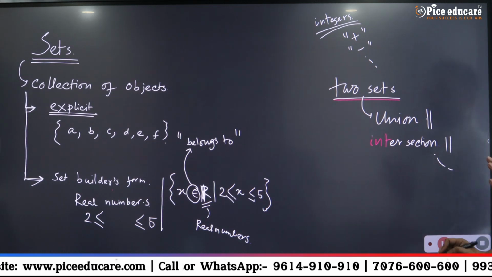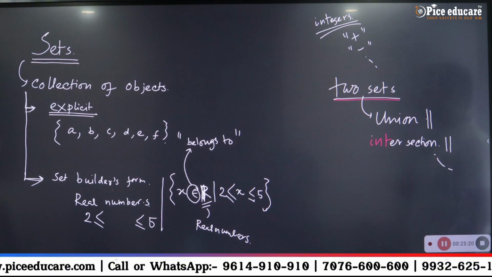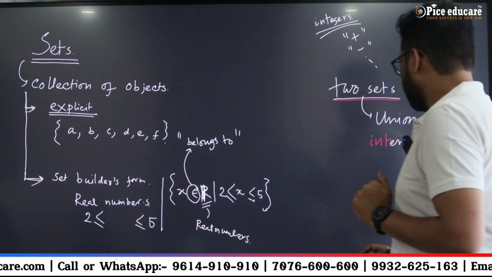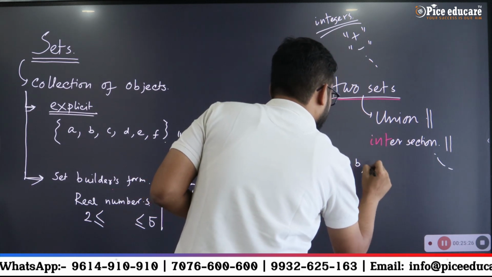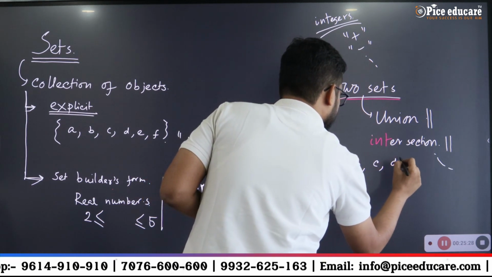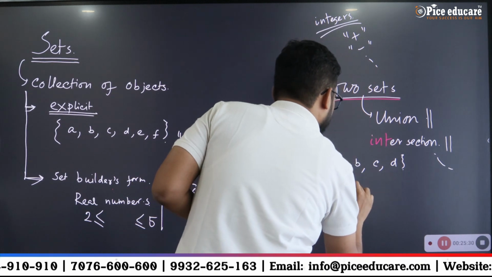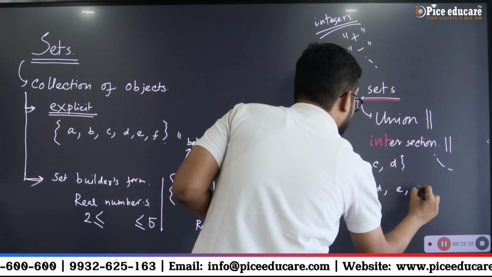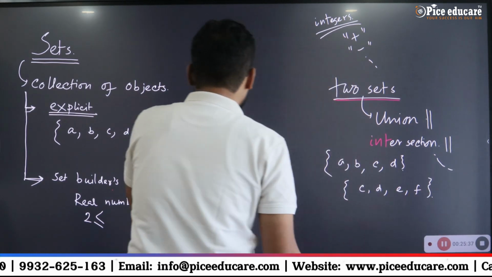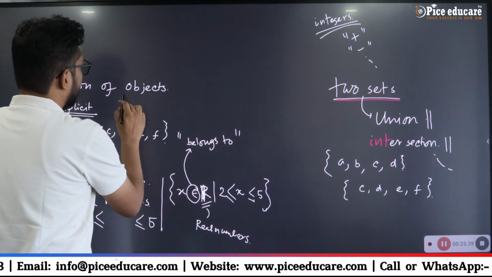So what do we mean by union of two sets? For example, if I give you these two sets, A, B, C and D, and C, D, E and F. By the way, these objects can be anything.